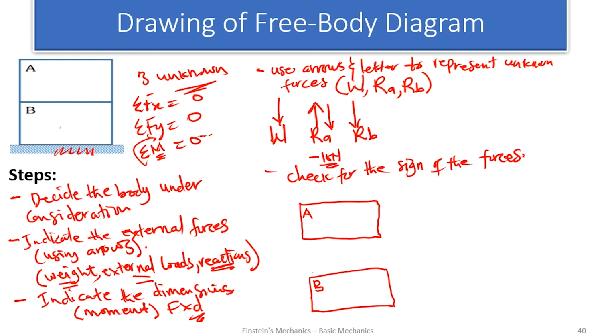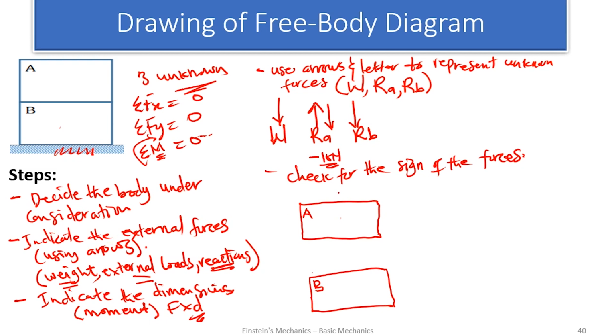All right. So indicate the external forces using arrows. And those forces should include the weight, the external force, and the reactions. All right. So first, the weight. We know that A has weight. And the weight of a body acts perpendicularly downwards. So I'm using the arrows. Remember, it says use arrows to indicate the forces.